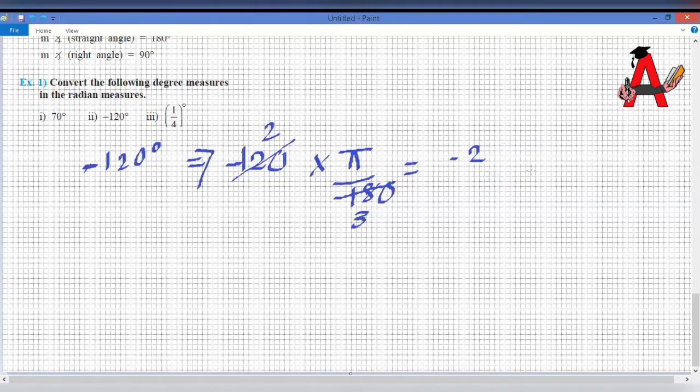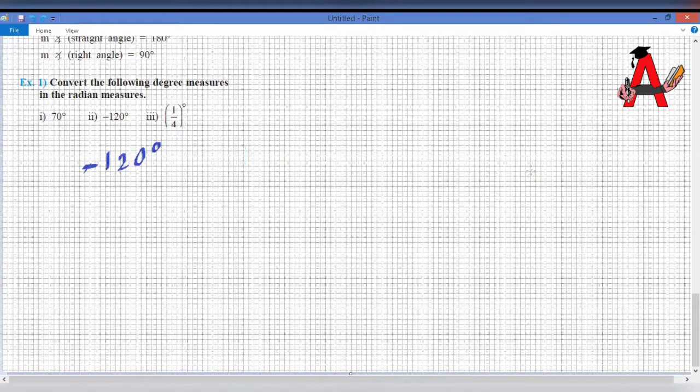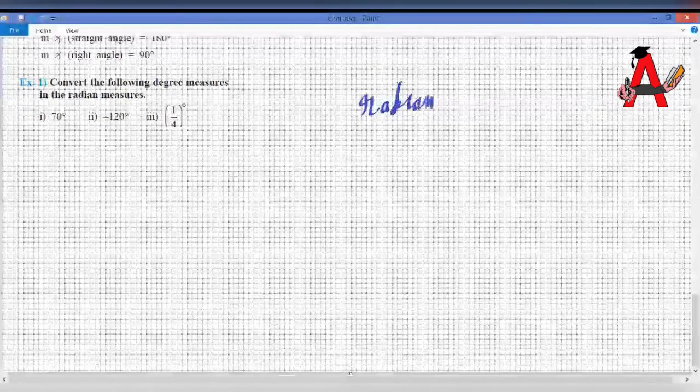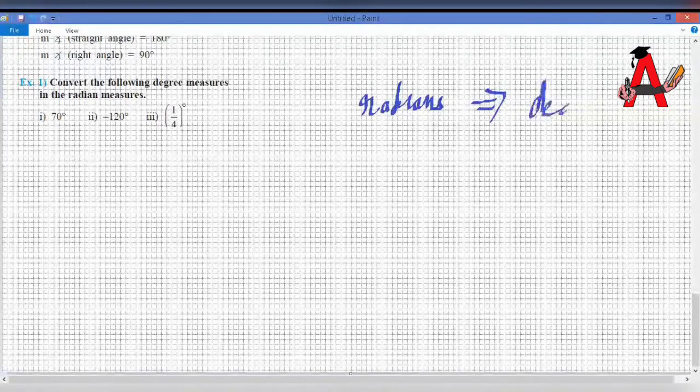That was the first part, degrees into radians. Now let's try to take radians into degrees. How do we convert radians into degrees? Suppose we take 2 pi by 5 radians.